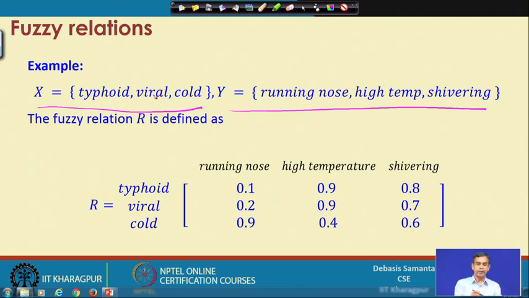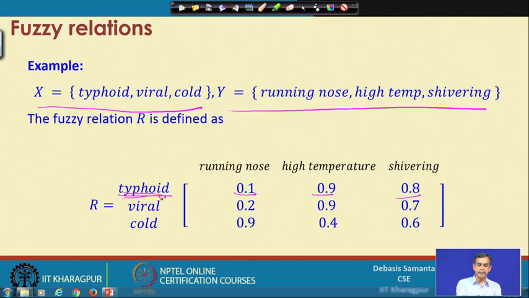Basically, if the disease is typhoid, what are the different symptoms? If the disease is typhoid, the symptom running nose is present but with strength 0.1, high temperature 0.9 and shivering 0.8.